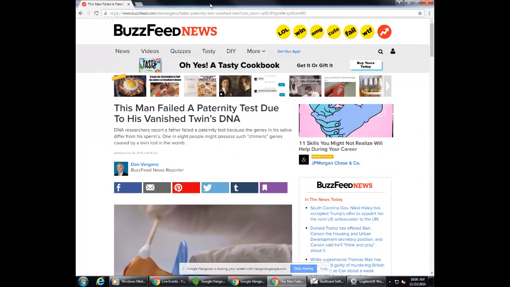But then when they did the paternity test, they found that what they thought was the father was actually a brother. What this suggests is that the sperm's DNA was of one embryo, and his DNA taken from his saliva was of another embryo.